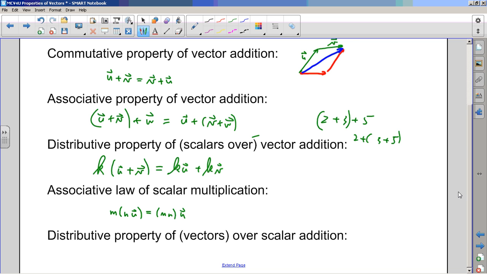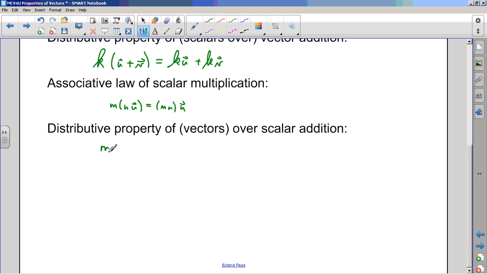Distributive property of vectors over scalar addition. So scalar addition, can I do this? If I have two numbers added times a vector, is this the same thing as this? And indeed it is. We could almost think of this as collecting like vectors, right?